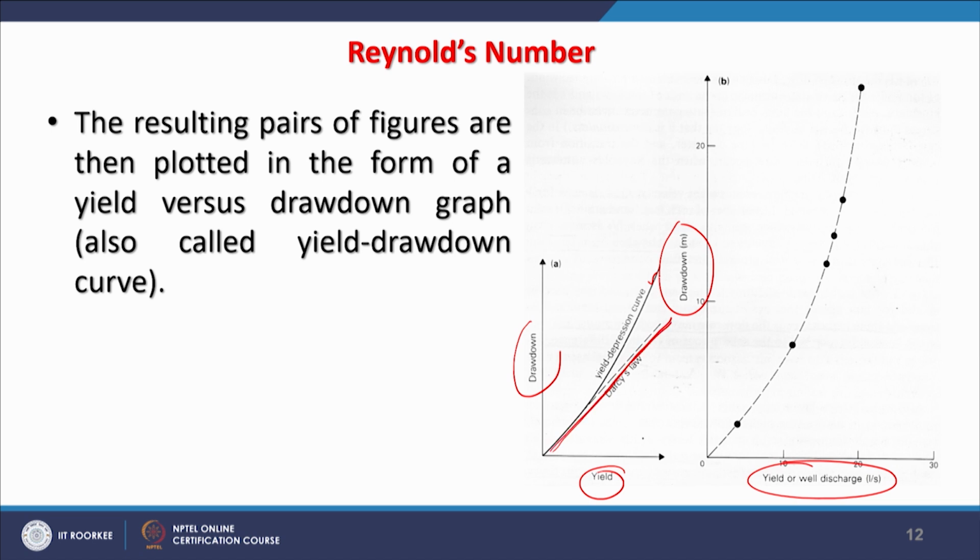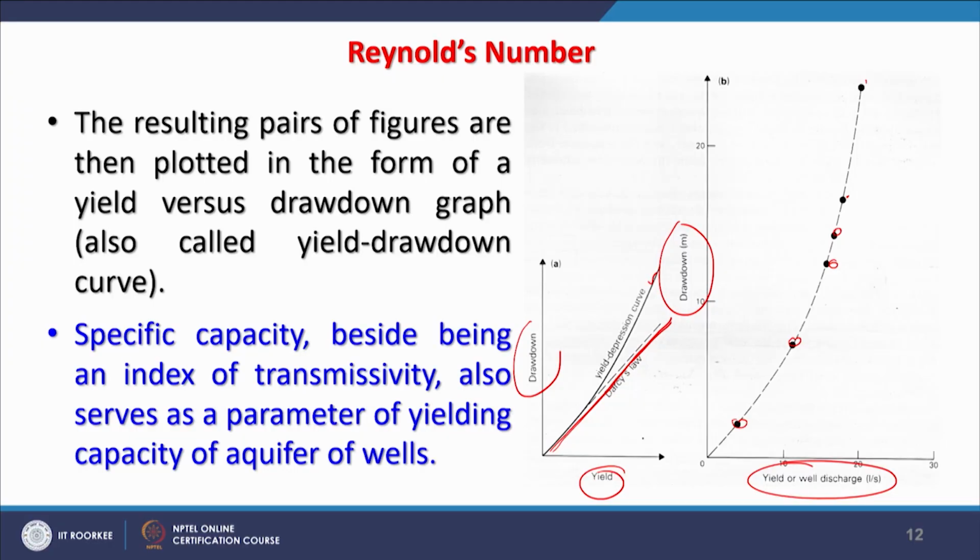If we are going like this, then we are withdrawing more water than a well can provide, and therefore this curve should not be very sharp. So, at different times, different drawdowns have been measured. So, these dots are there. These pairs of figures become useful to see how the drawdown is happening with time, and these curves are also called yield drawdown curves.